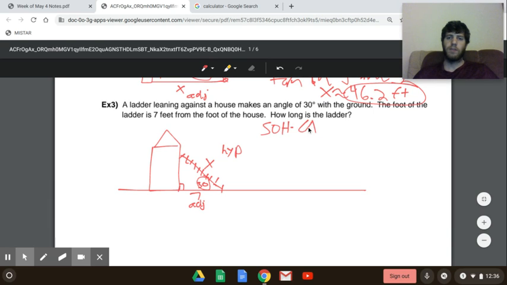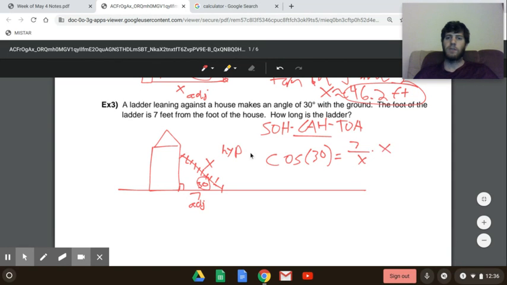So if we use SOHCAHTOA, we have adjacent and hypotenuse, which is going to make it cosine. We're solving for a side, so we're going to use regular cosine. So cosine, and we input our angle, which is 30 degrees, equals adjacent over hypotenuse. That's going to be 7 over x.